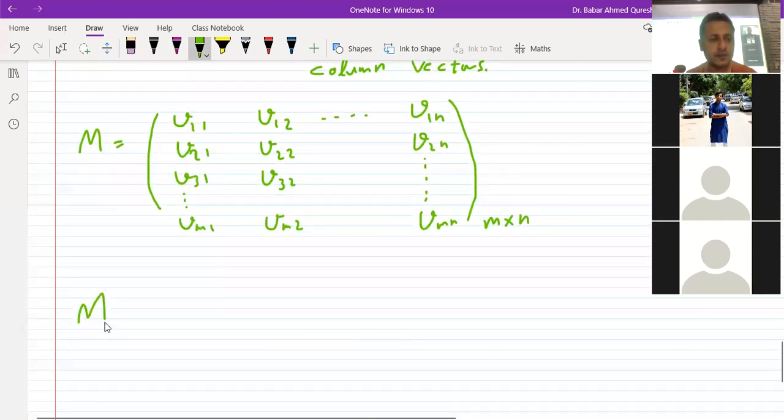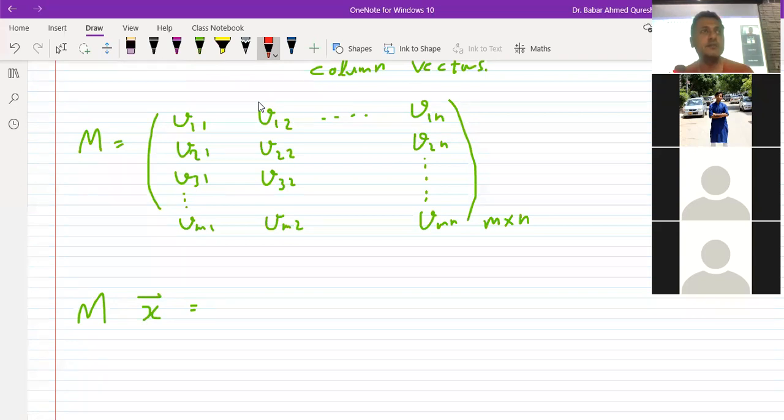Now, if I want to multiply this matrix with a vector, the formula I gave you was that you should make linear combinations of the column vectors using the components of the vector. How many vectors do I have in this? n vectors. And if I want to multiply with a column vector over here, I better use all of the components in there.